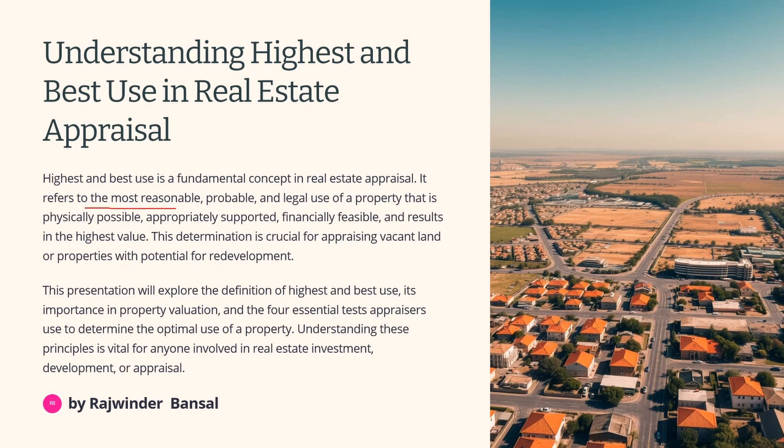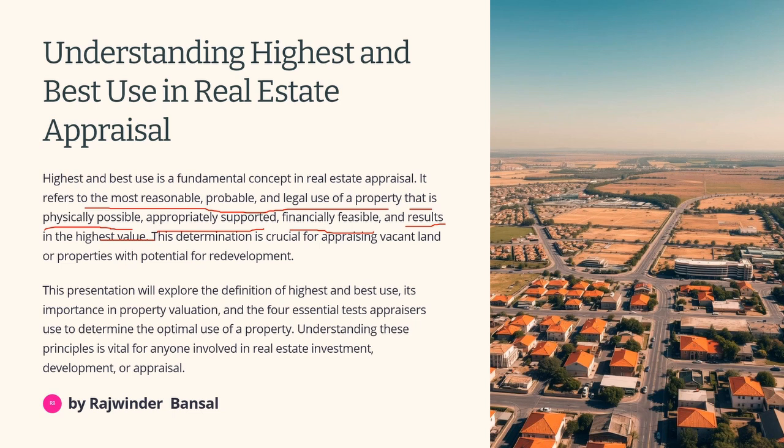It is the most reasonable and probable and legal use of a property that is physically possible. These are the four things which are important: physically possible, appropriately supported, financially feasible, and results in the highest value. That use which results in the highest value, that is called highest and best use.